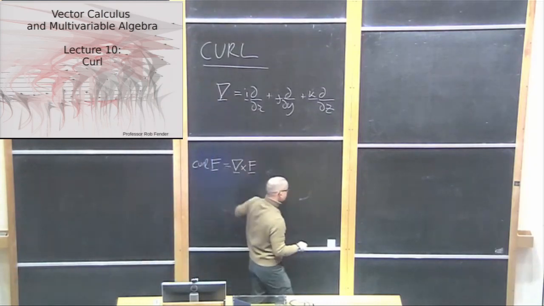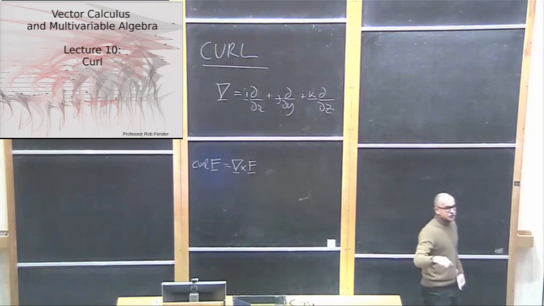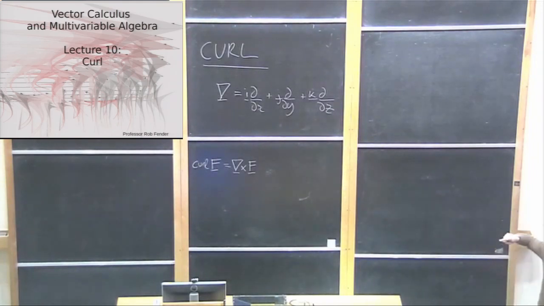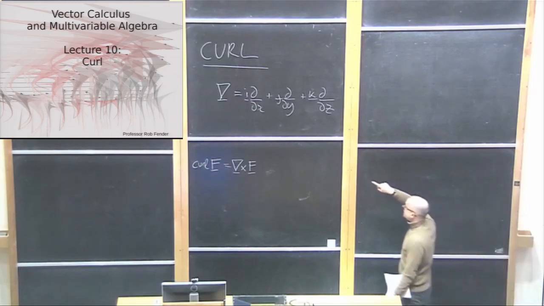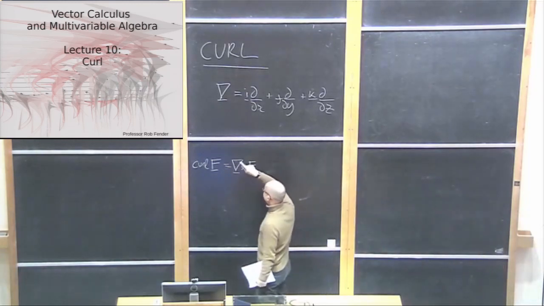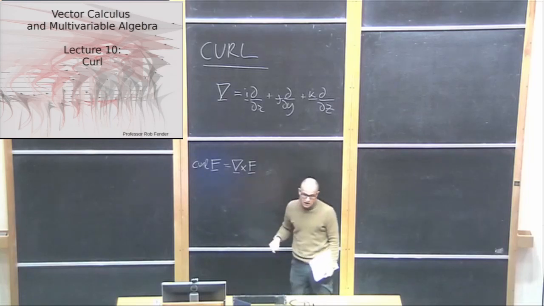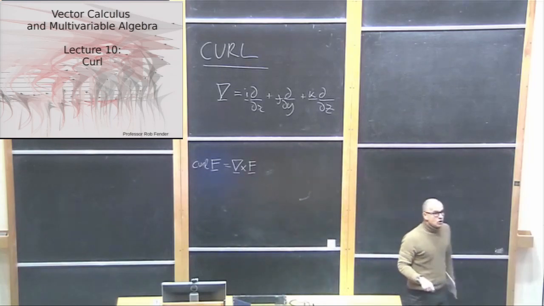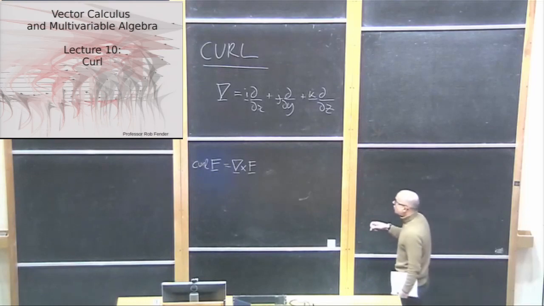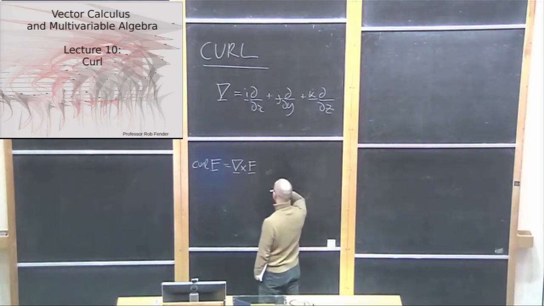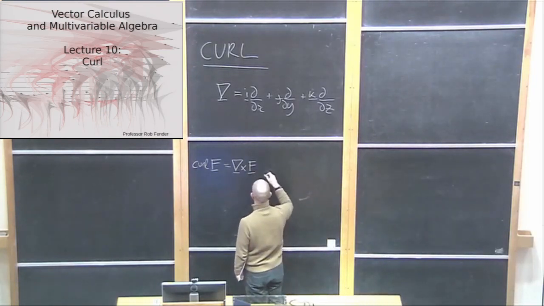So the three operations: the gradient is the operation of Nabla on a scalar field. The divergence is the dot product of the vector operator Nabla with a vector field, and the curl is the cross product of Nabla with your vector field.